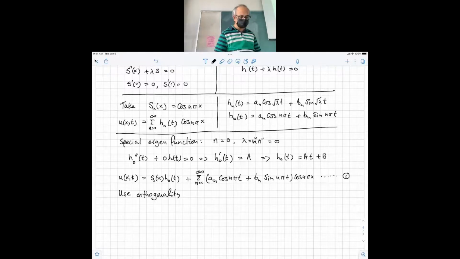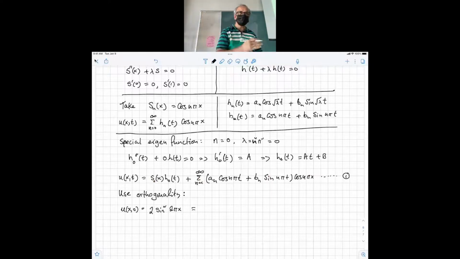So I have two initial conditions. Let's first look at the first initial condition, which is u(x,0). And u(x,0) is given as 2 sine square 2 pi x. 2 sine square 2 pi x equals, if you evaluate in equation 1, then the first term, s0, sn is cos n pi x.